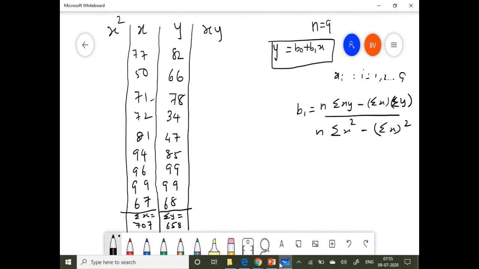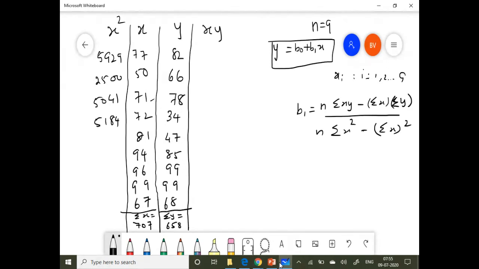Now x square. 77 square is 5929. 50 square, 2500. 71 square, 5041. 72 square, 5184.